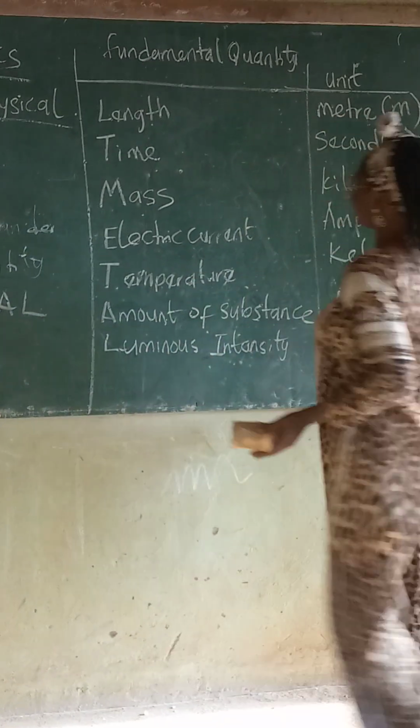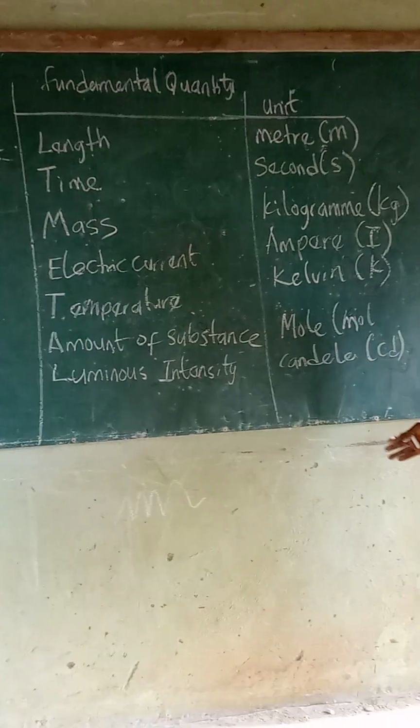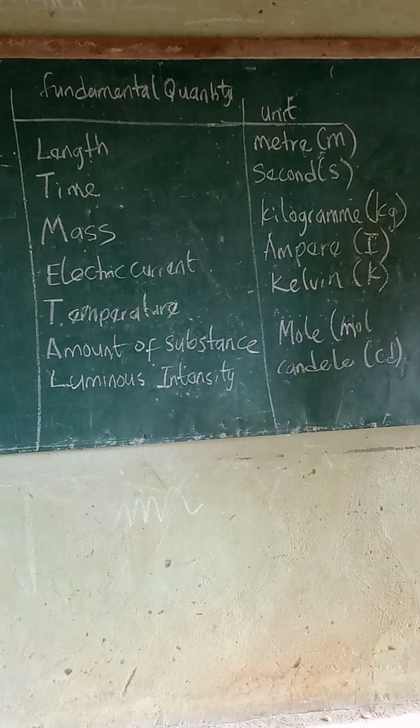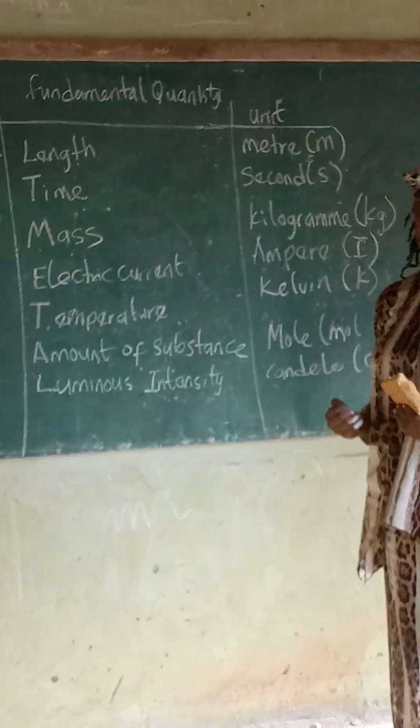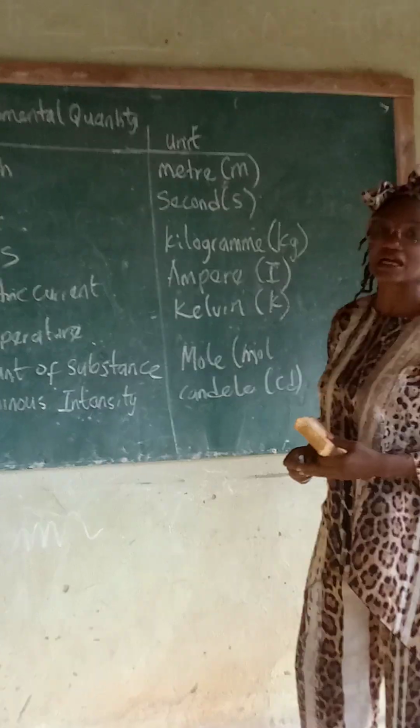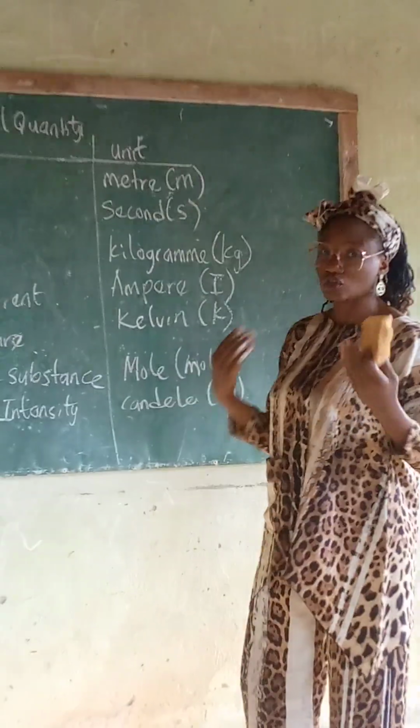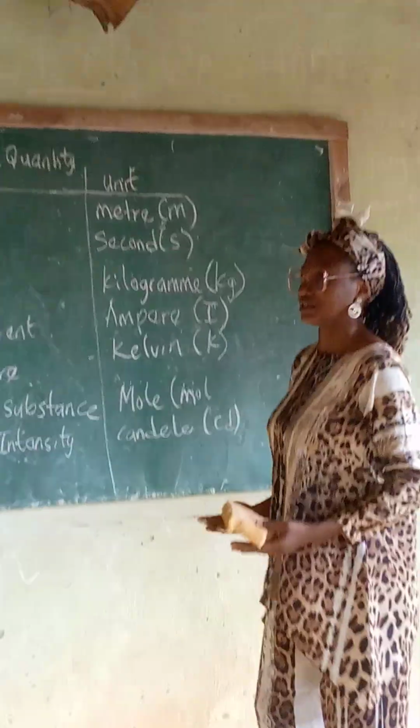So here we have the fundamental quantity, and then we have the fundamental unit. Like I said before, the unit of fundamental quantities is called fundamental unit. Let's quickly talk about derived quantity.